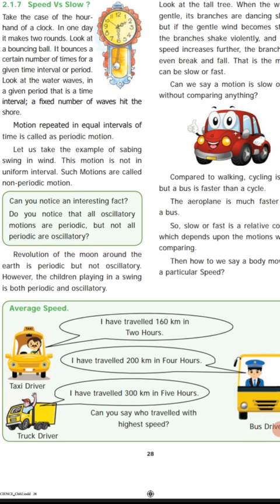Next one is periodic and non-periodic motions. Periodic motion means motion repeated at equal intervals of time. Example, the hour hand of a clock.